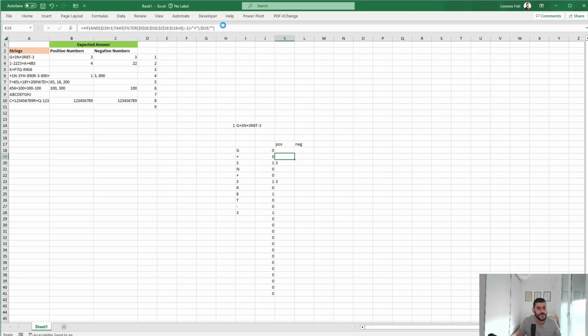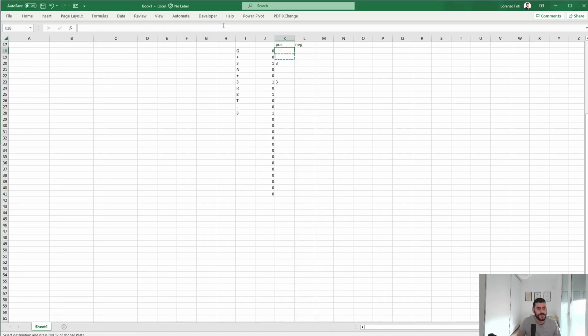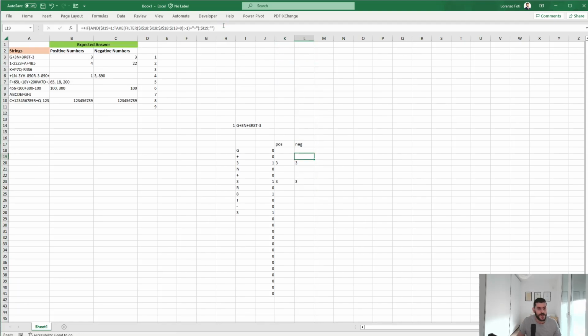Lock the column, but I need to go with the minus sign this time. Okay, let's see how it goes. Yes, okay.